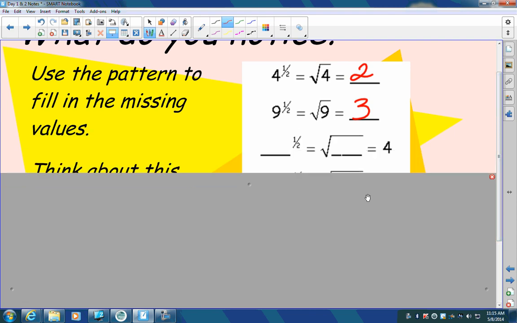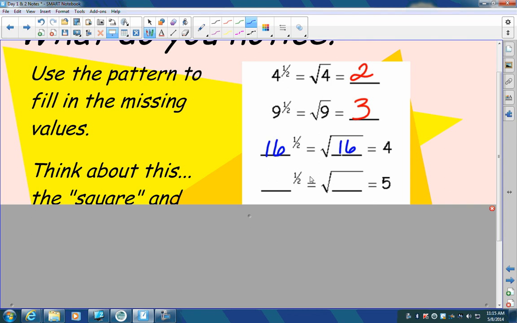Right here, this time I'm kind of going backwards. I need to know the square root of what number will give you 4. That is 16. Now, instead of the square root sign, we can write it with an exponent of 1/2. So that 16 to the 1/2 power is the same as the square root of 16.